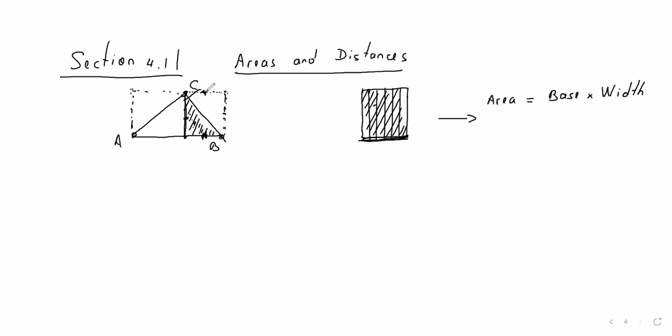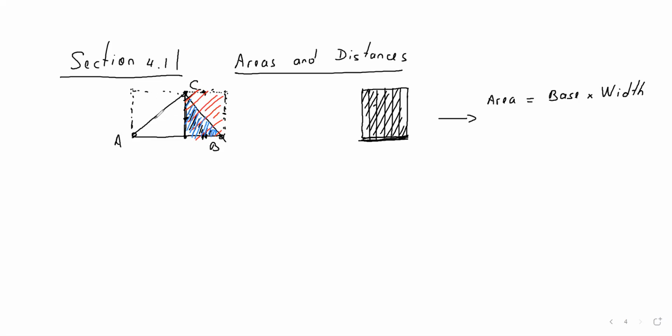So the area of this rectangle that I'm going to shade with, let's say, red, is twice the area of a triangle shaded with blue. All right, so the area of the rectangle in red is twice the area of blue.